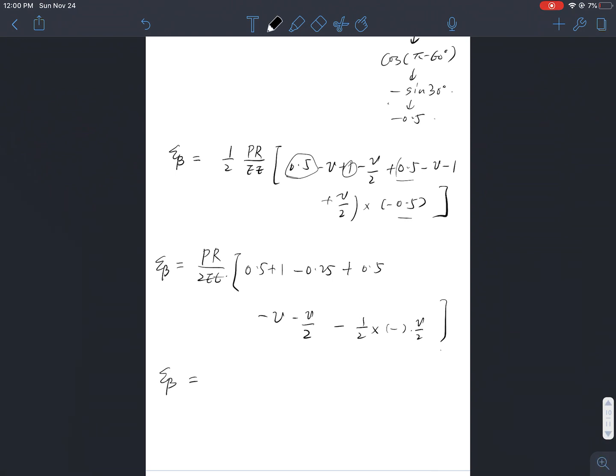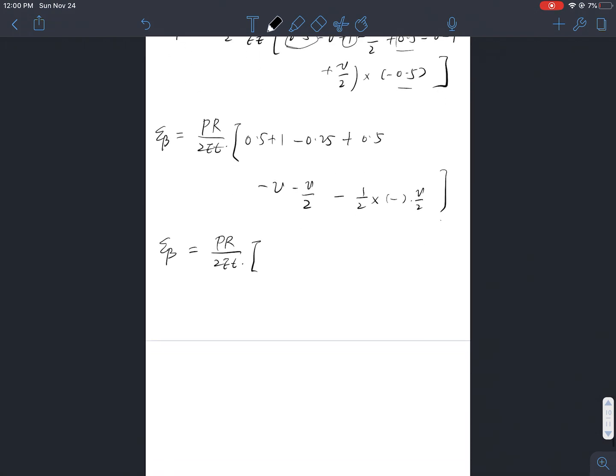I'm pretty slow with my algebra, hasn't done it for ages, I'm sorry, okay? So this is 2, this is 1.75. Here is minus 1 minus half plus a quarter nu.